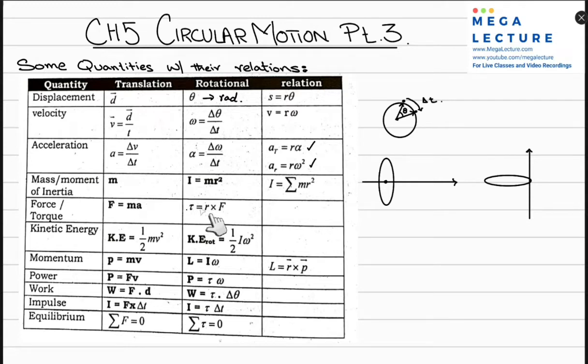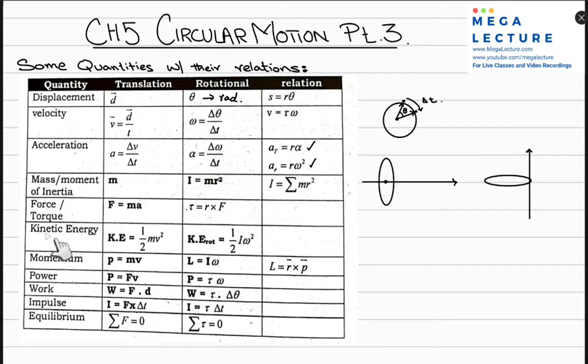And this torque is responsible for producing an angular acceleration. So if a body is rotating and you apply some net torque to it, it would produce an acceleration in the rotational motion. Now, there is no direct relation for relating the torque to F as such, except for the fact that it's just r cross F. So it's the vector product of these two vectors.